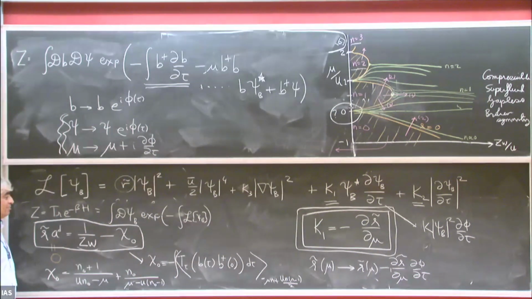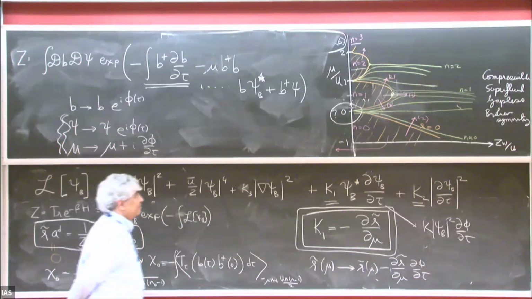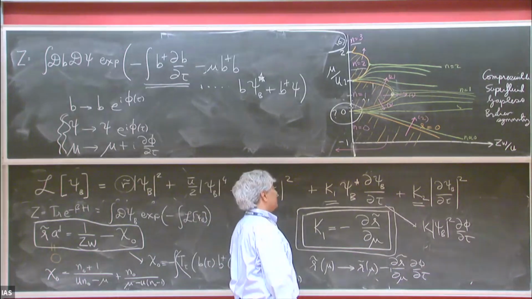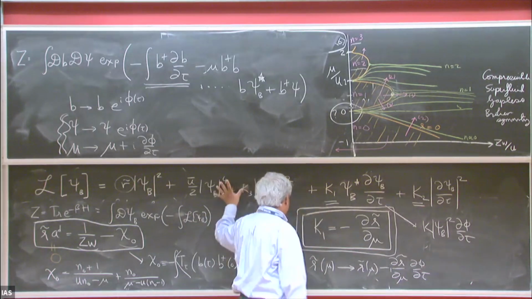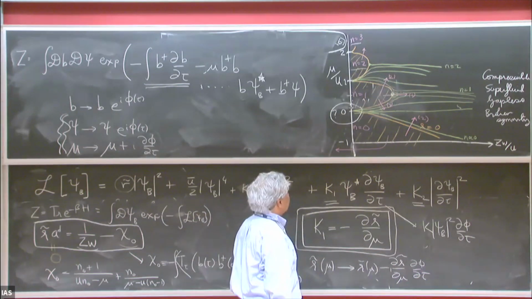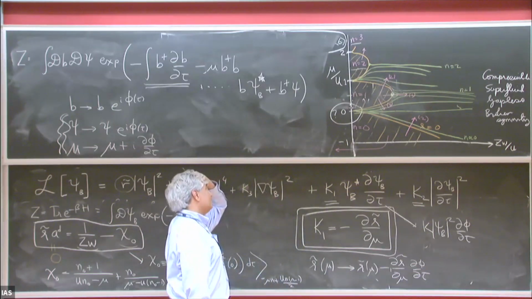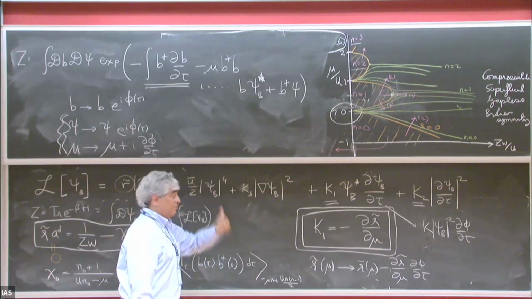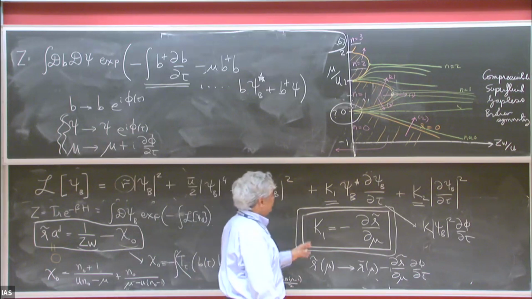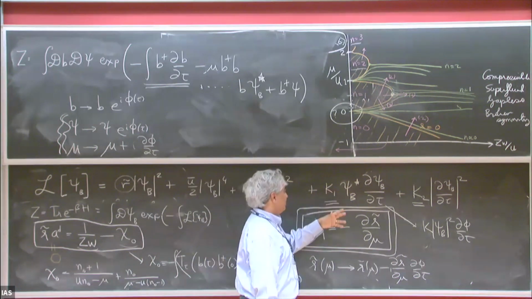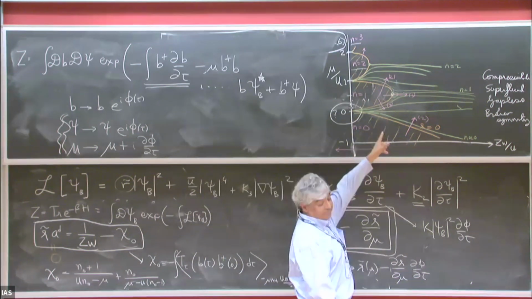That's a good question. At this point, I've just presented it in terms of a power series expansion in psi b. Now you can ask whether this is an exact relationship in the way I've defined it. If I take the actual position of the phase boundary, is the derivative of that actual position equal to K1? Well, that's also not a very well-defined question because even the value of K1 is not well-defined because of various normalizations that happen at the endpoint.